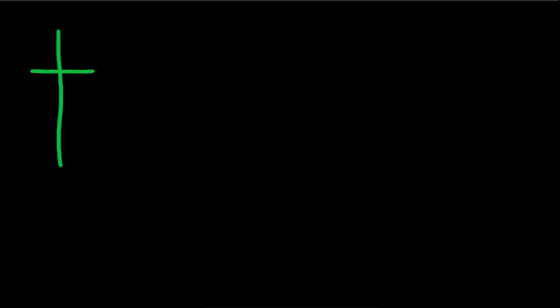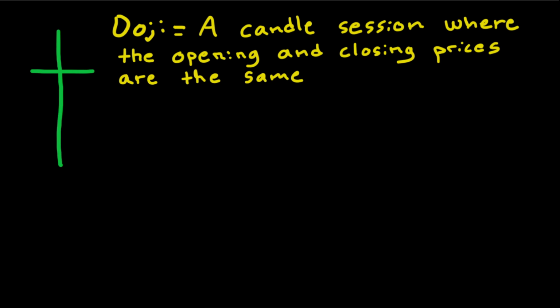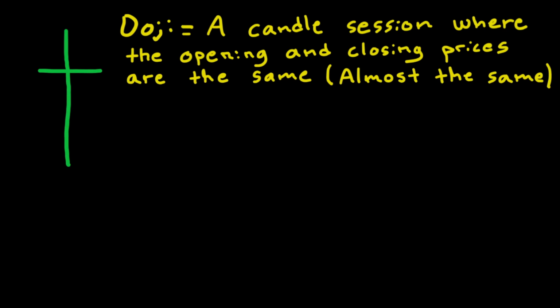And the reason for this is that a doji is a candle session where the opening and closing prices are the same, or at least almost the same. So in this case, the candle opens here. So the opening is at this level right here, and the close is at the exact same level.